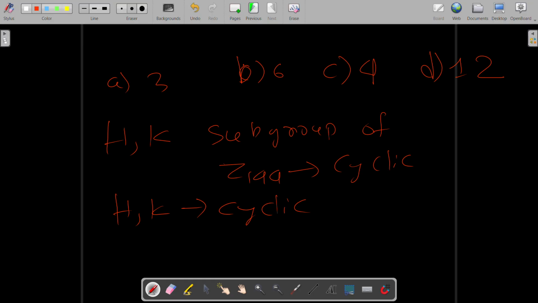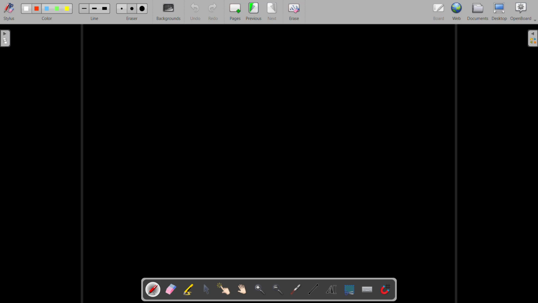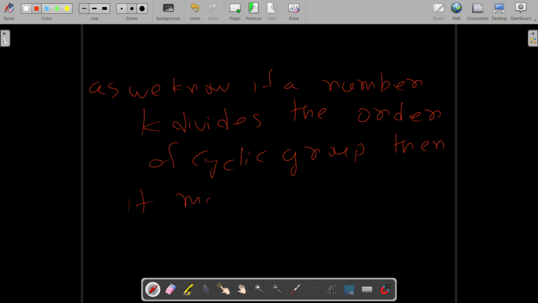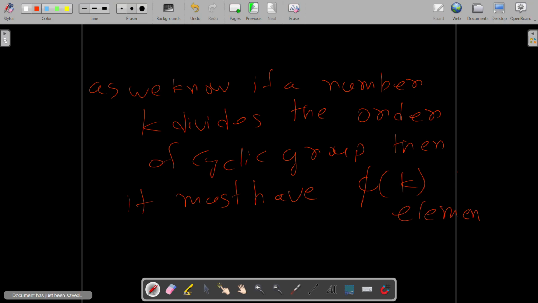Now, as we know, if a number k divides the order of a cyclic group, then it must have φ(k) elements of order k. Okay, we know this from previous classes.